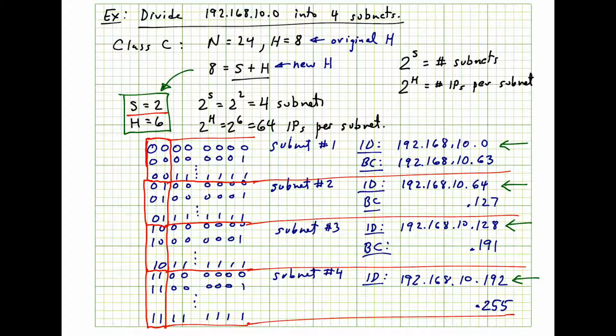And we can see that back here, where the broadcast address of the first subnet is .63, which is one less than the .64, which is the ID of the next one up. Similarly, 127 is one less than 128, 191 less than 192, and at the end we have the 255, one less than what would be the next number, 256.